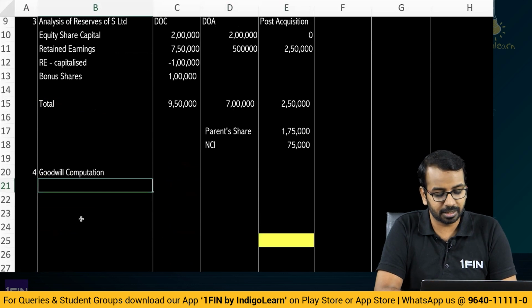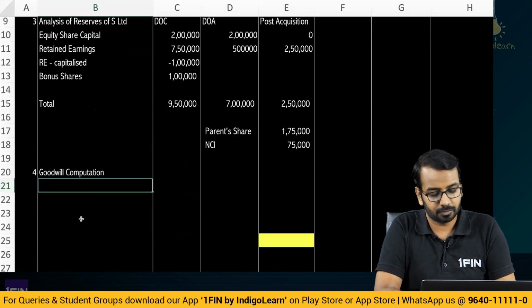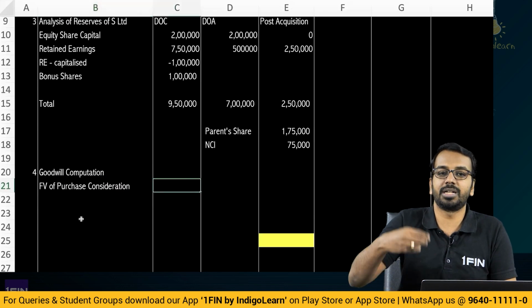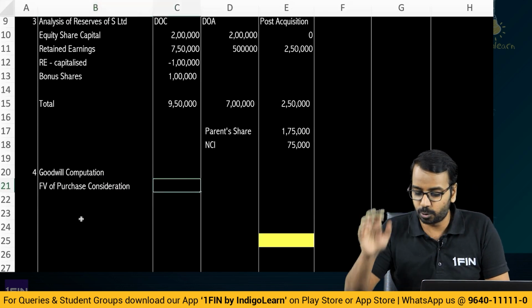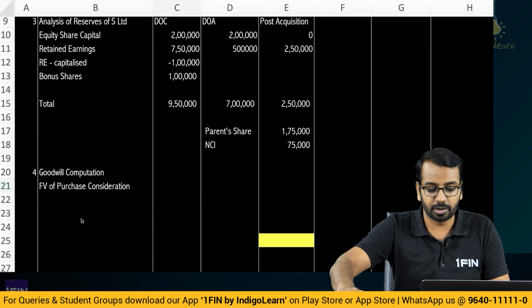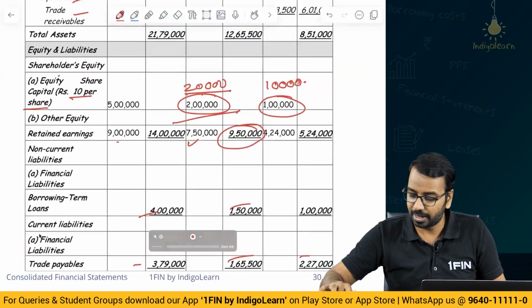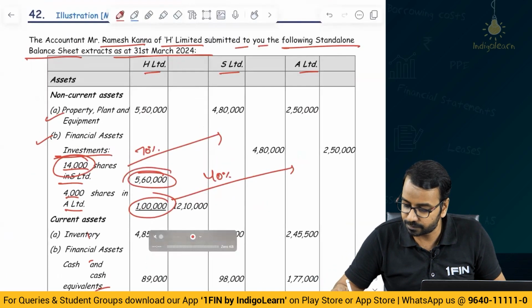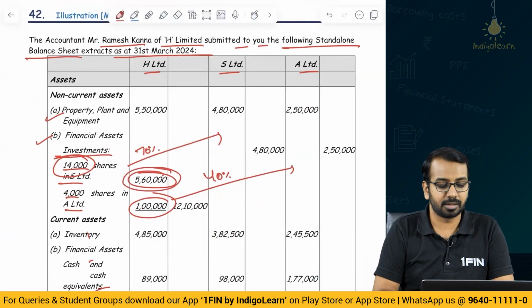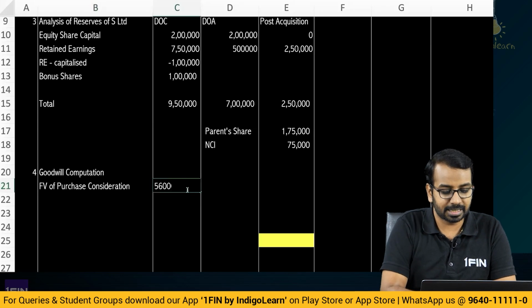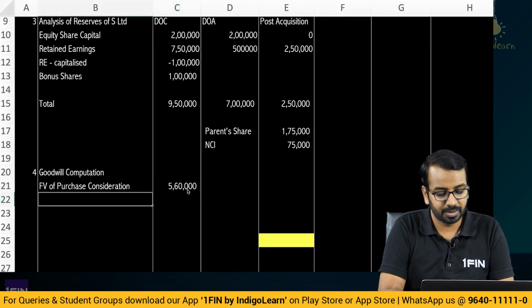The fourth step is goodwill computation. Here we will take the fair value of purchase consideration. They have not said what is equity and so on; they have directly given us the investment value in the question. So you will directly jump to the investment value, which is 5,60,000. So, 5,60,000 is the fair value of purchase consideration.